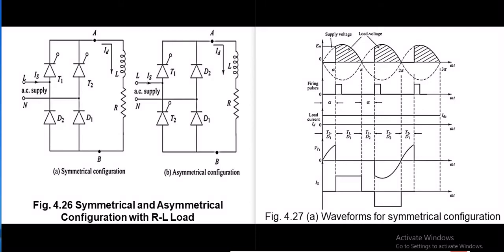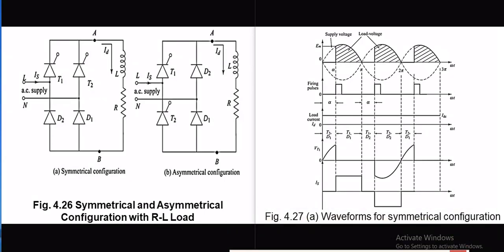To summarize the working of symmetrical configuration including its waveform, we will discuss it once again, what is happening during the positive half cycle and during the negative half cycle. So if we look at the symmetrical configuration during the positive half cycle of the input AC, so this is more positive.